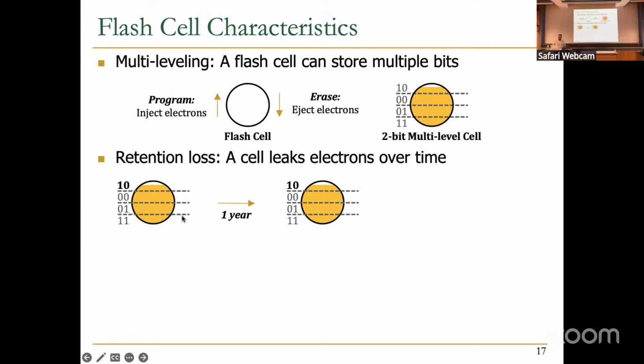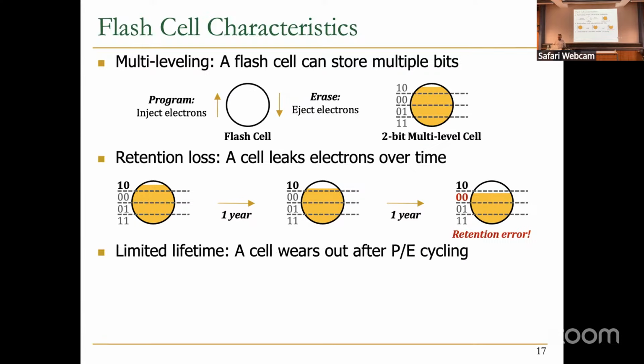For example, if this is the cell and we have that much charge trapped in the floating gate, after 1 year we're going to have some charge loss, but you are still able to read it correctly. But after another year, you will lose more charge and there's going to be a retention error. Which means that we need to refresh at some point to avoid these retention errors.